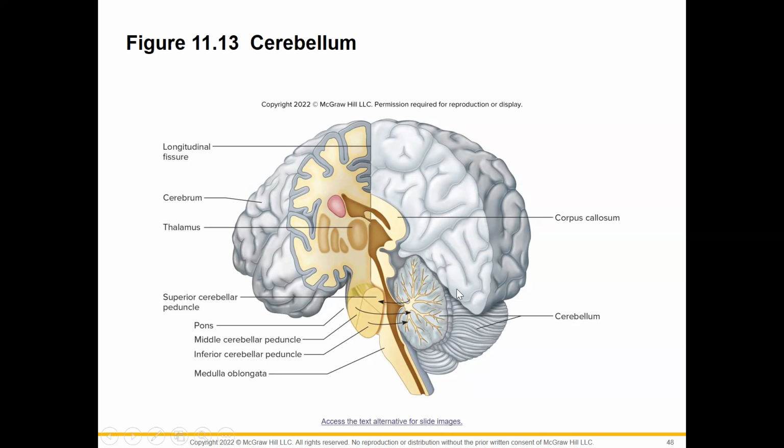And then when you cut it open and look into it, you can see that the cortex is this gray matter, lots and lots of cortex, and the white matter is this structure in the middle that looks like the trunk and branches of a tree, which is why they call it the tree of life. So white matter creates the arbor vitae.